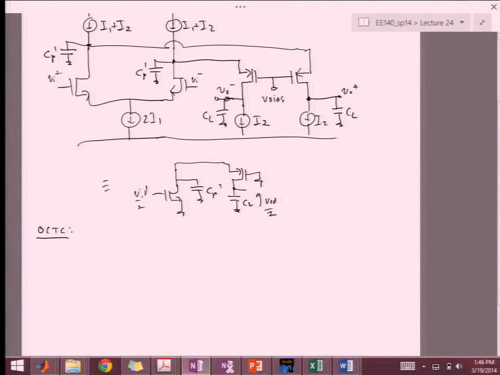So again, open circuit time constant: P1 is minus 1 over R out times CL. Short circuit time constant: P2 is minus GM, let's label this M1, M2, M3, M4, over CP prime.